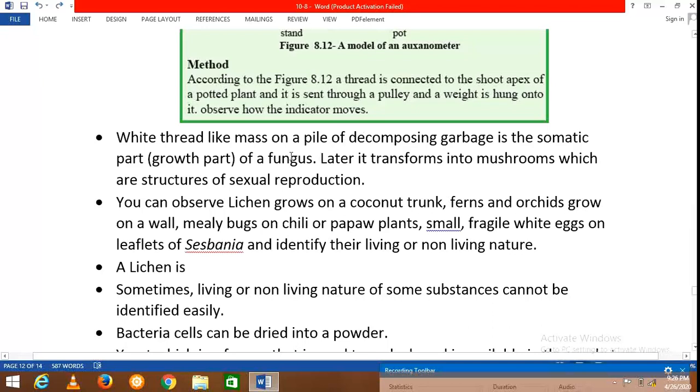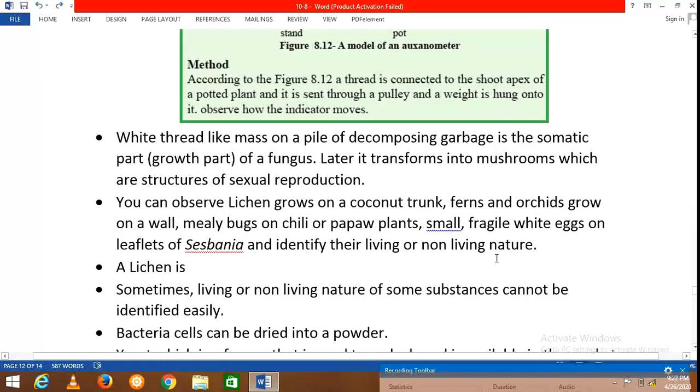These white thread-like structures are the fungal hyphae or the growth part of fungi. Later, some of these are transformed into mushrooms, which are the sexual reproductive structures of fungi.